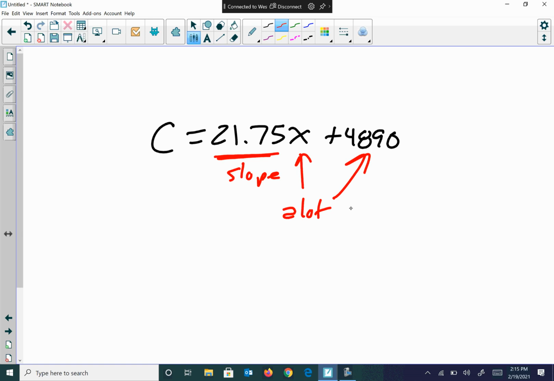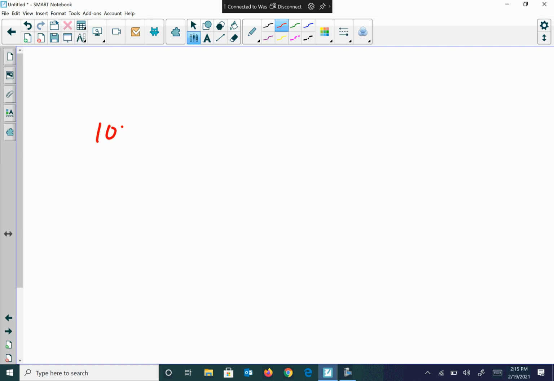Okay, so it says down below, suppose you sell 1,000 widgets. I don't know what a widget is, but we're just going to call it that. And the company makes $15,500 selling that many widgets.